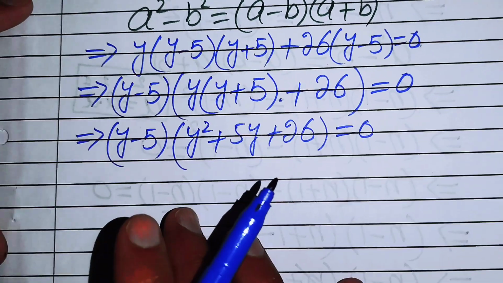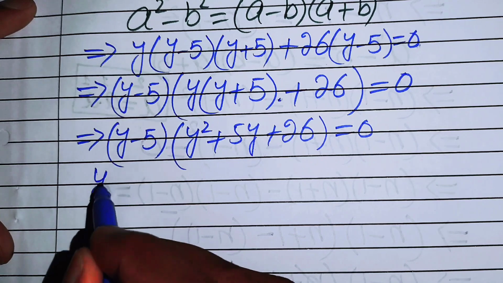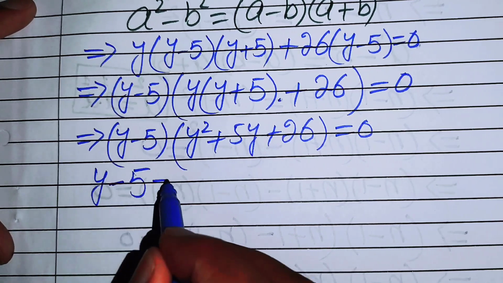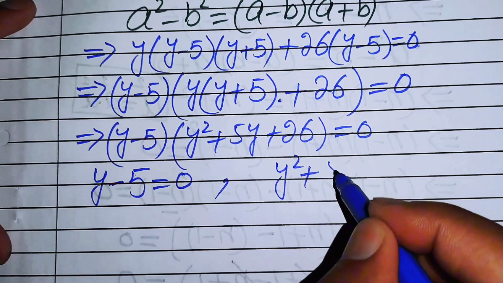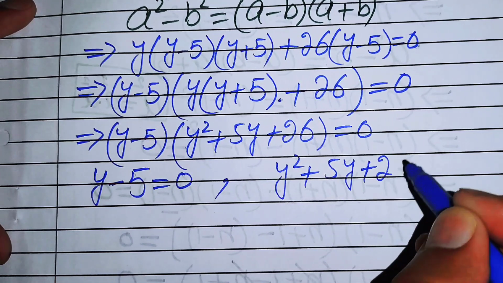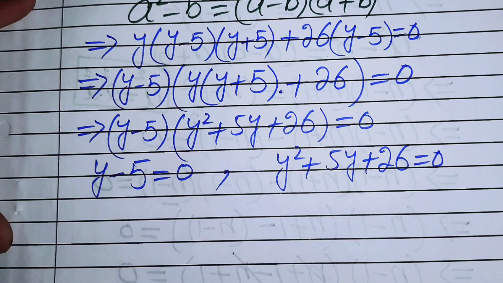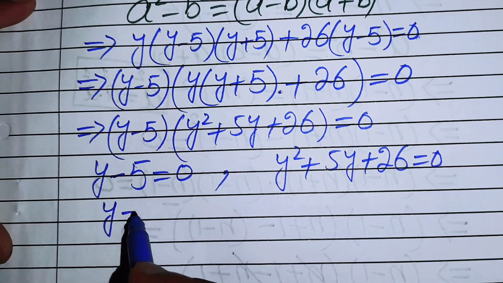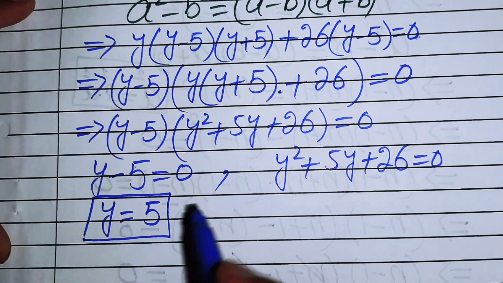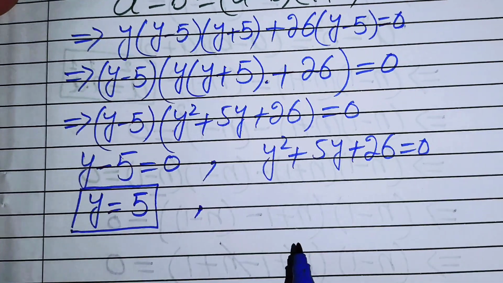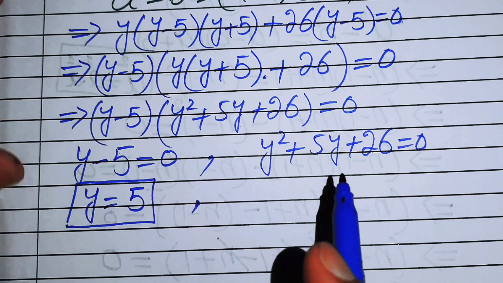And now here we have two cases. The first case is we take y minus 5 is equal to 0, and the other case is we take y squared plus 5y plus 26 is equal to 0. In the first case you get the value of y is 5, and similarly we can look for the real values in the second term, this quadratic equation.